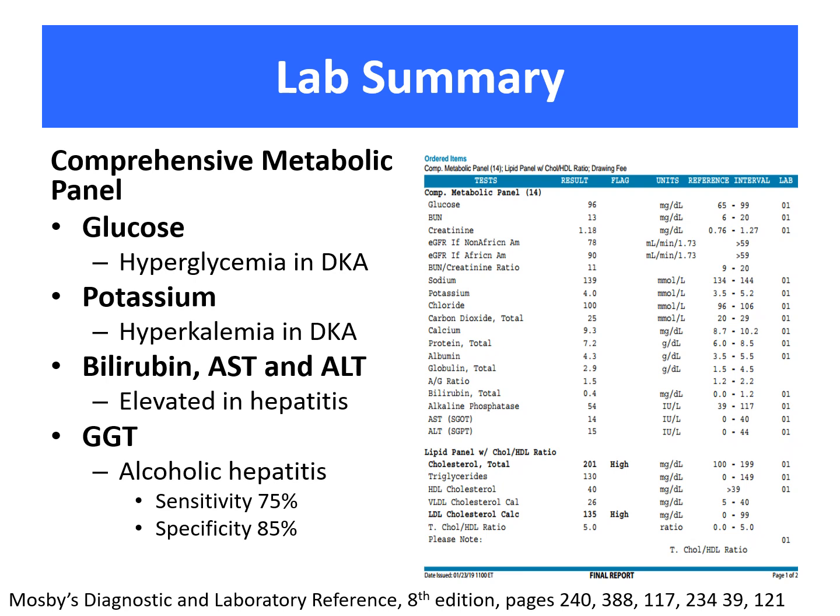It has a sensitivity of 75% and a specificity of 85%. Not quite the 90% that we should be looking for, but it gives you a hint that alcohol abuse might be involved.